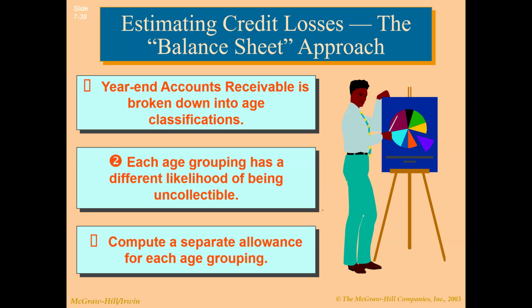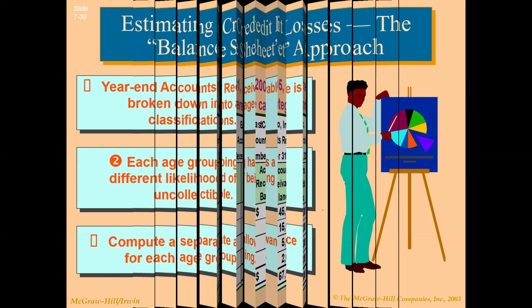So here, year-end accounts receivable is broken down into age classifications. And then we calculate the bad debts amount, and then we make the total amount, and then we make the adjusting entry that I have already explained in different questions while making the solutions.